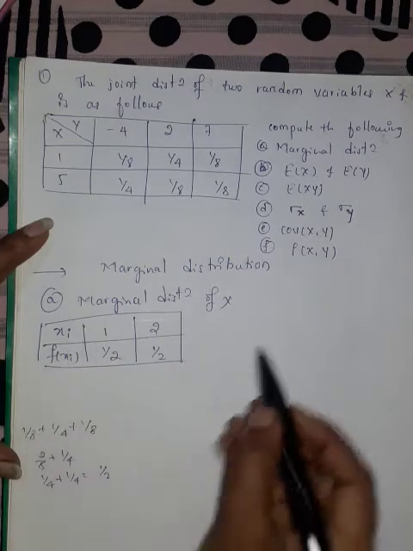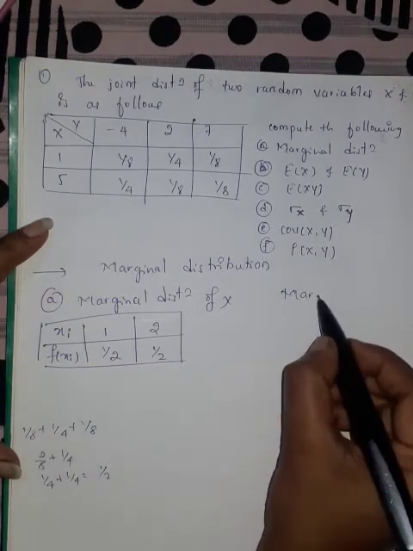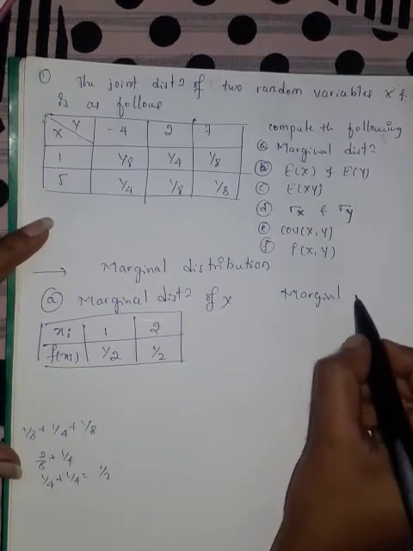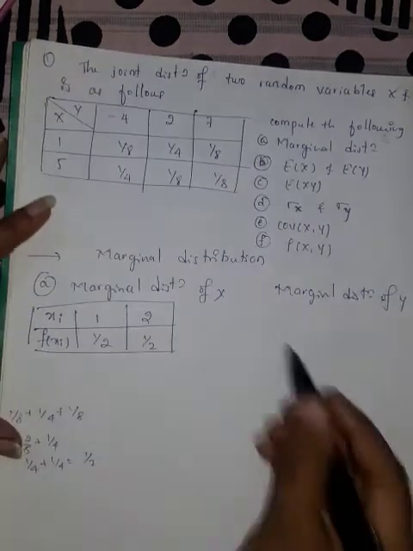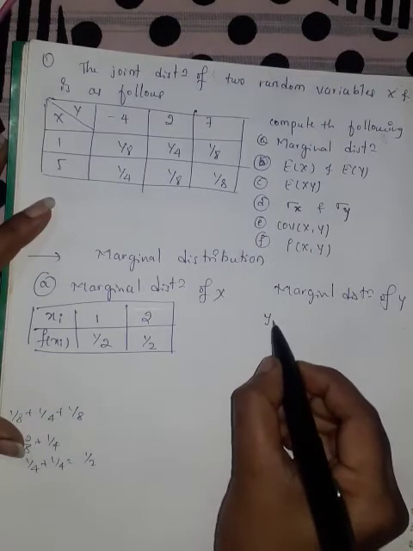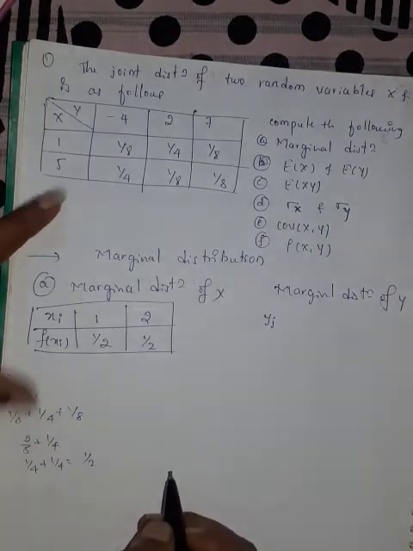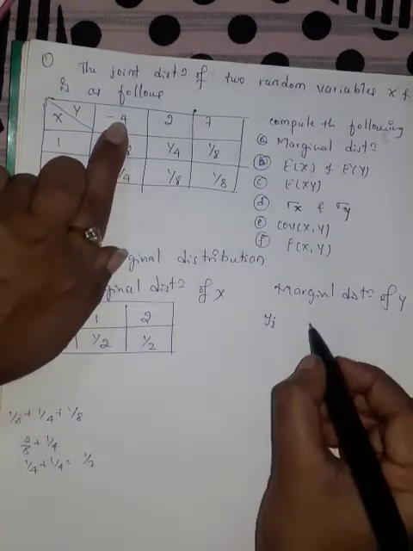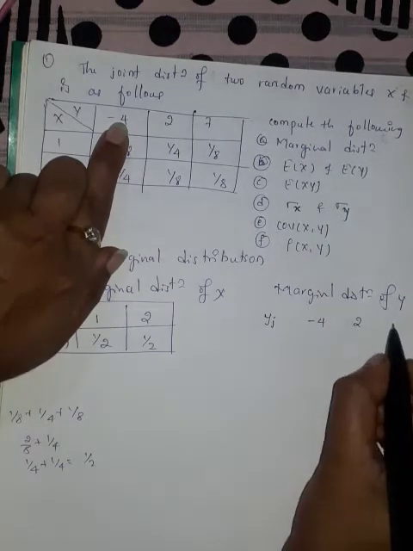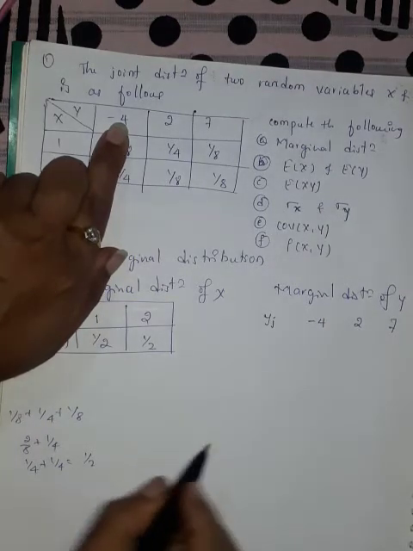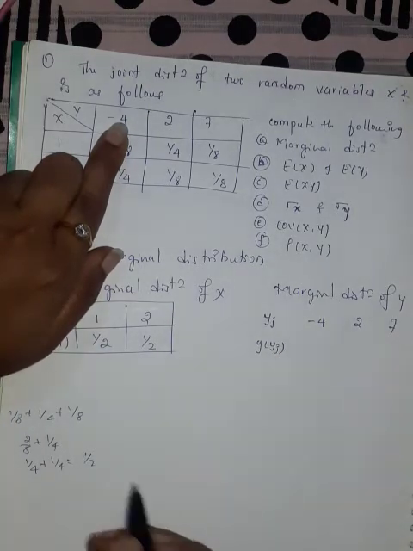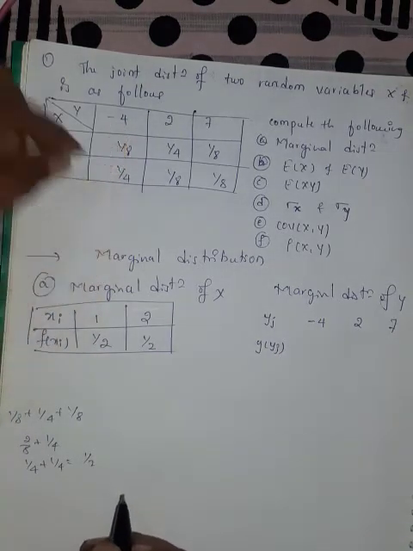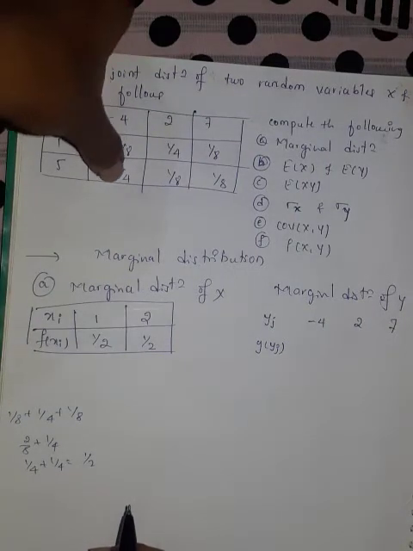Similarly, we have to find the marginal distribution of y. The first row is yj. The yj's are what we have here: -4, 2 and 7. Next, g of yj. How did we get it?